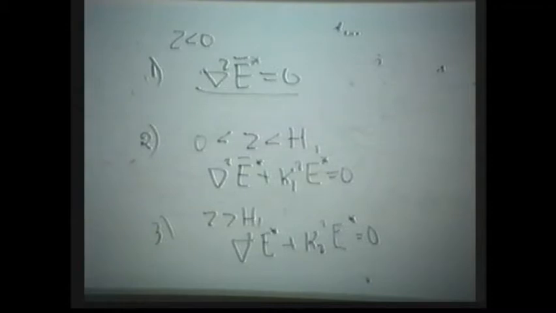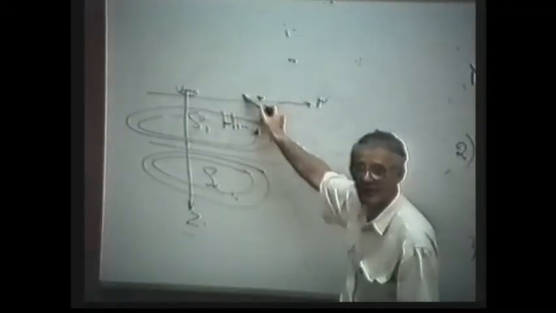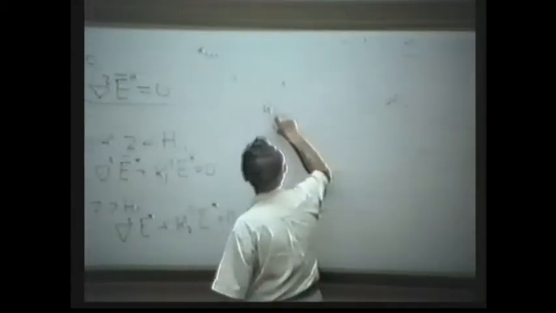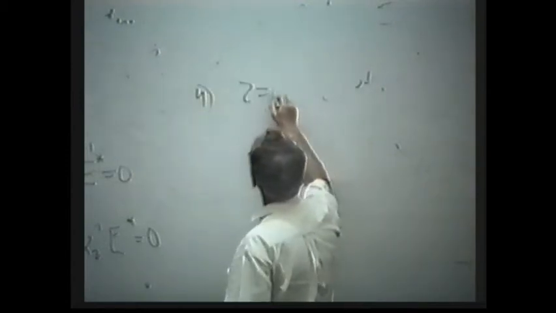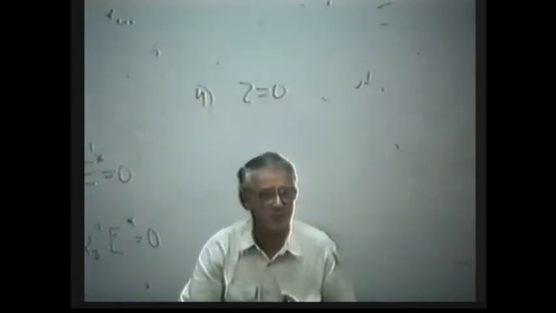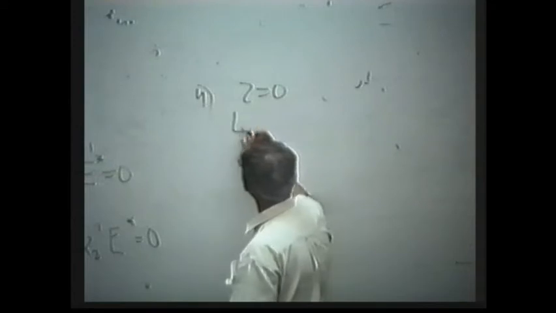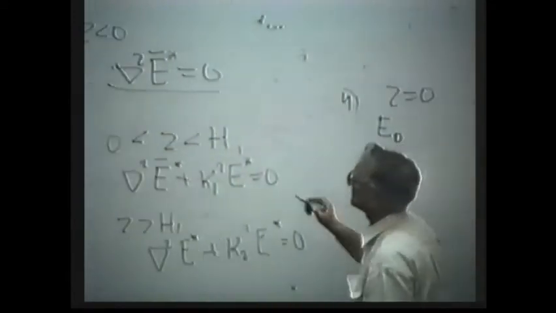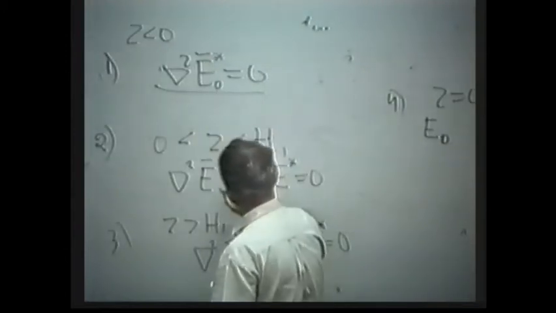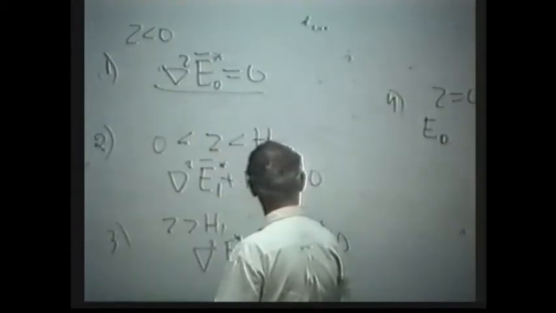Where? At interfaces. So, I write for the surface Z equals 0, the Earth surface, where we measure the electrical field, let us call them E0, E1, E2, not above 1 and 2.